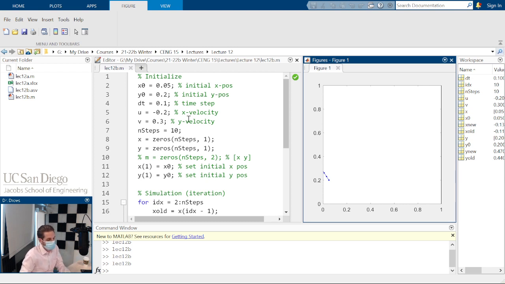Another really good check that you can try every once in a while is send it perfectly horizontal and perfectly vertical. So for example, if I set this to be 0.4 and I set velocity in the y direction to be 0, I had better get a horizontal line on there. Right? These are all just sanity checks you can use to make sure that the variables make sense in your mind and they are affecting the plot in a way that you would normally expect them to.